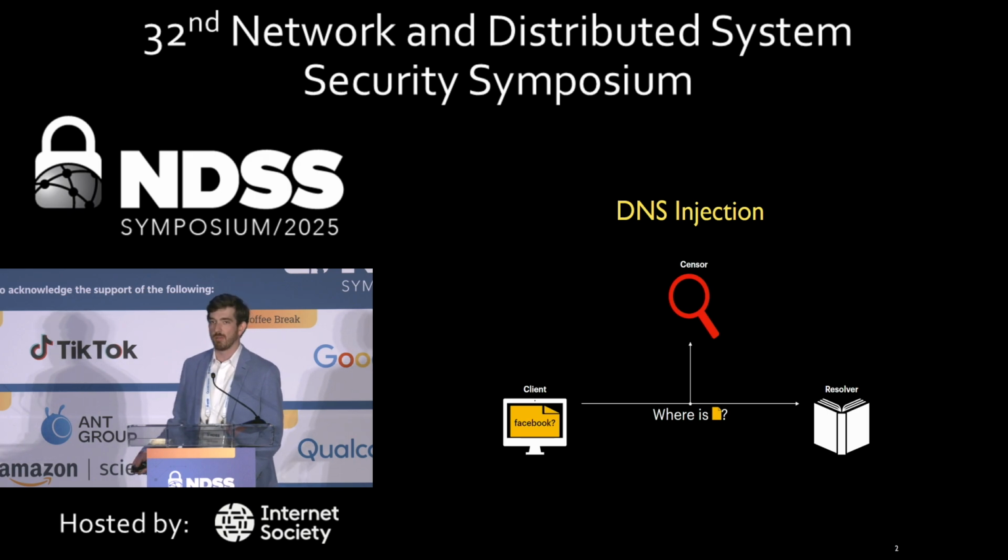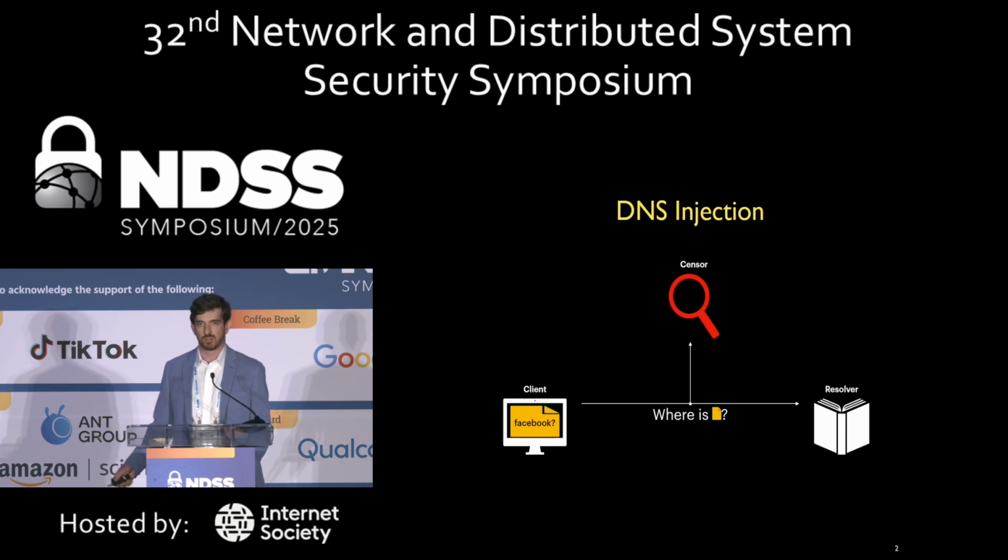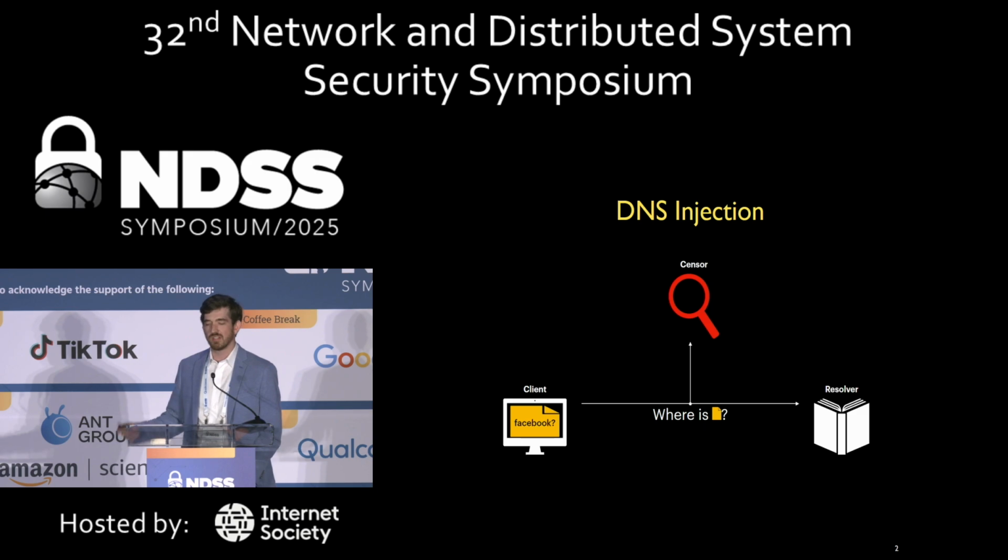However, a very common censorship technique that we see is there will be a censor sitting on that path, and it will observe all of those queries from the client to the resolver. When the censor sees a domain it doesn't agree with, like Facebook, it will inject its own response with an IP address unrelated to Facebook completely. So when the client goes and connects to that IP address looking for Facebook, it'll be unsuccessful.